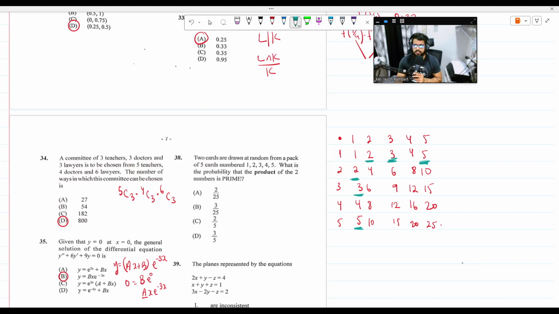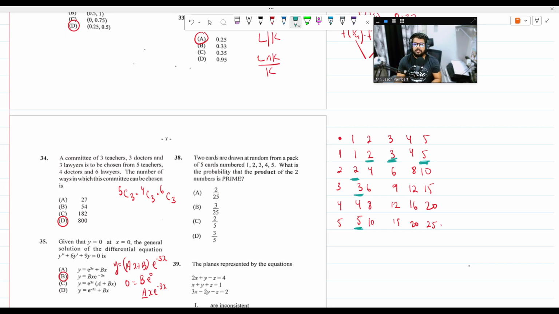Okay, so I see what's going on here. We cannot recount a prime number. All right? So since we cannot recount a prime number, this question has an error. Think about it, right?